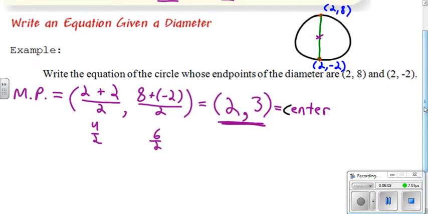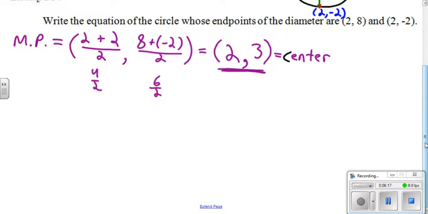Remember, radius is just going to be this length here, from the center to one of those points. So we'll use the point (2, 8) to the center, which is (2, 3). That'll give us the distance, which is our radius.